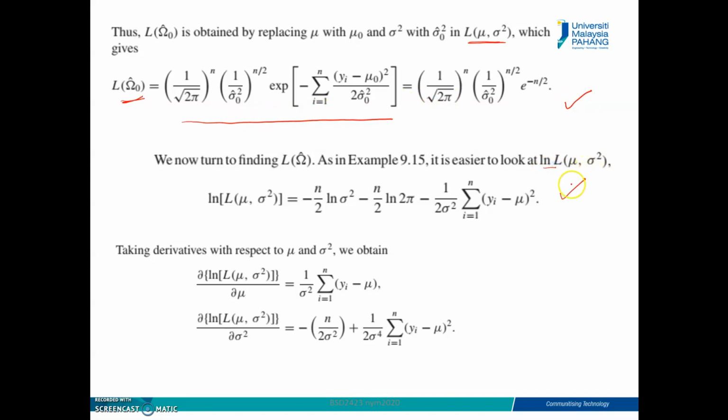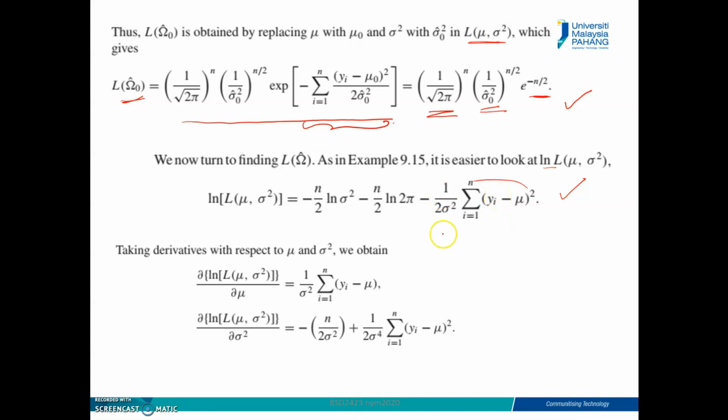When you take the ln of the likelihood function, you will get negative n over 2 ln sigma square, and then negative n over 2 ln 2 pi. And then this term, when you ln it, you get the same thing, but negative.